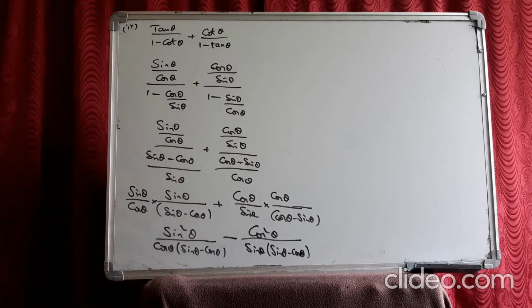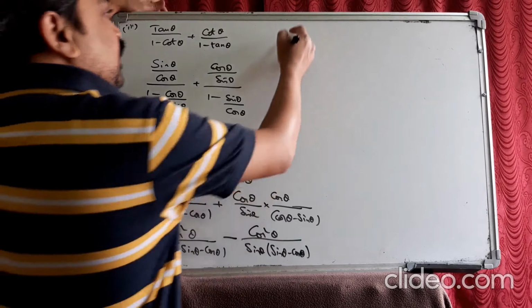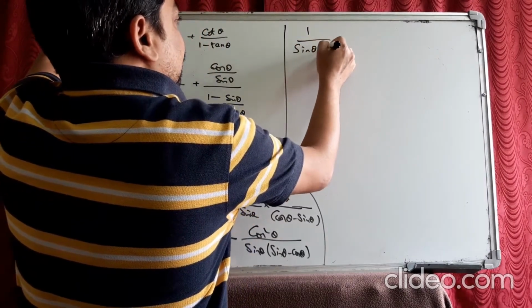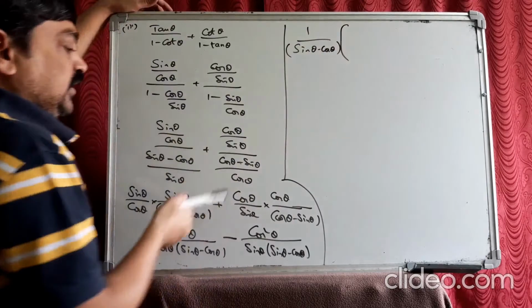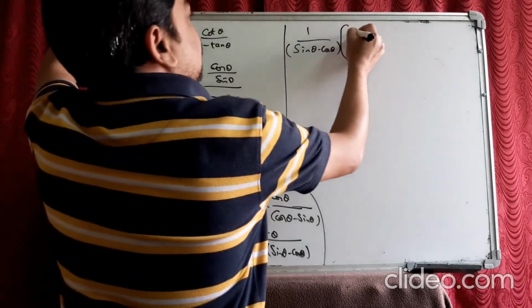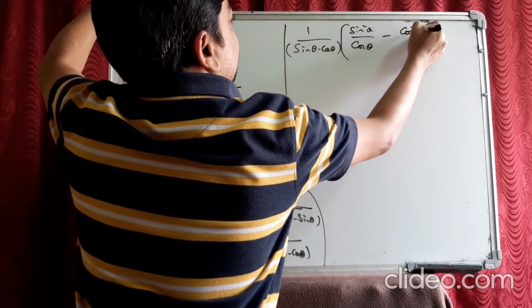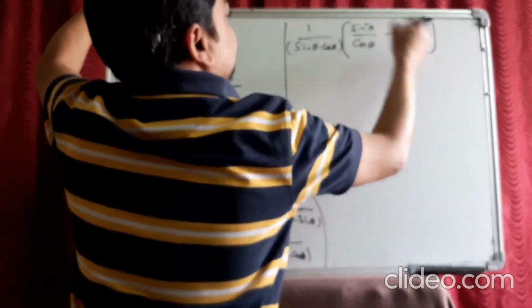Now in both the terms, the denominator 1 by (sin theta minus cos theta), I take common outside, because it is in the denominator, so sin square theta by cos theta minus cos square theta by sin theta will be left.